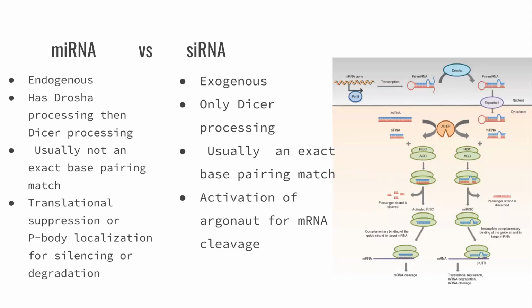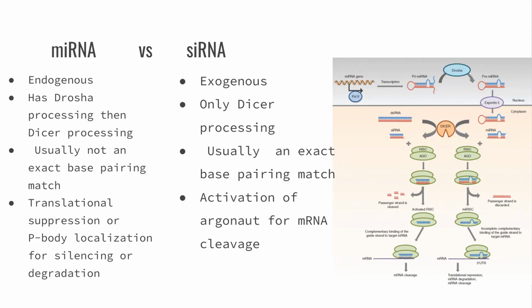And then as a final summary to give you an idea of the main differences between the two types of non-coding RNA: miRNA is endogenous, produced within the cell, while siRNA is exogenous, comes from outside the cell. miRNA has Drosha processing, then Dicer processing, because it has to be processed in the nucleus before leaving, whereas siRNA only has Dicer processing because it's immediately in the cytoplasm. miRNA is usually not an exact base pairing match, while siRNA is usually an exact base pairing match.